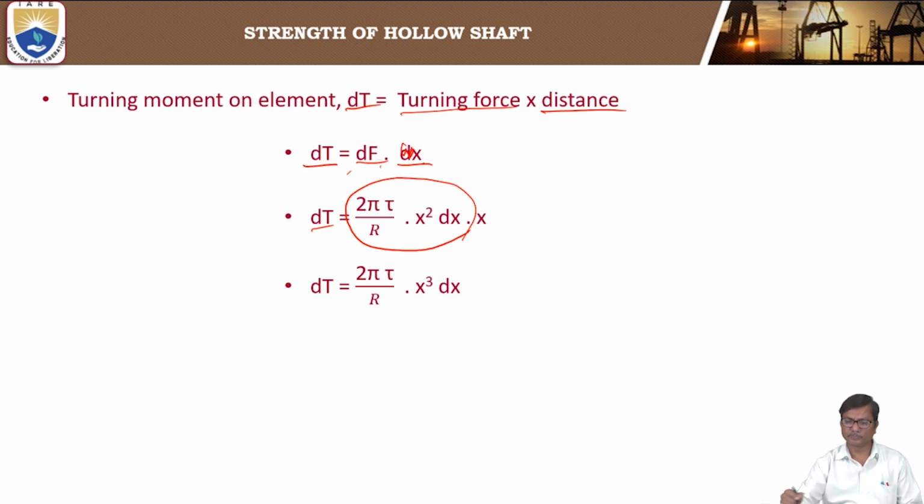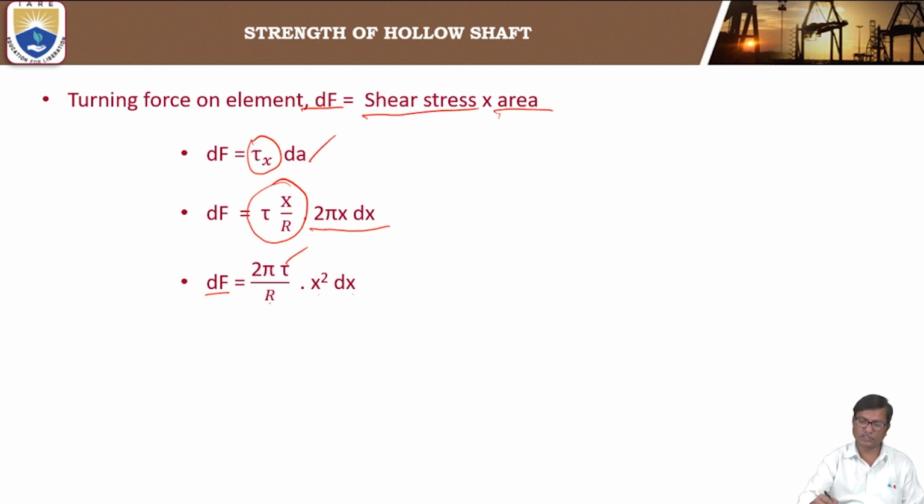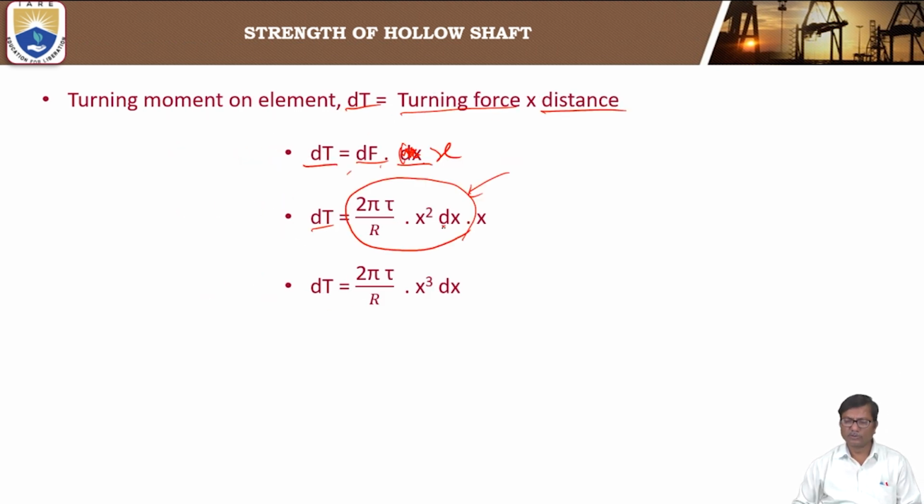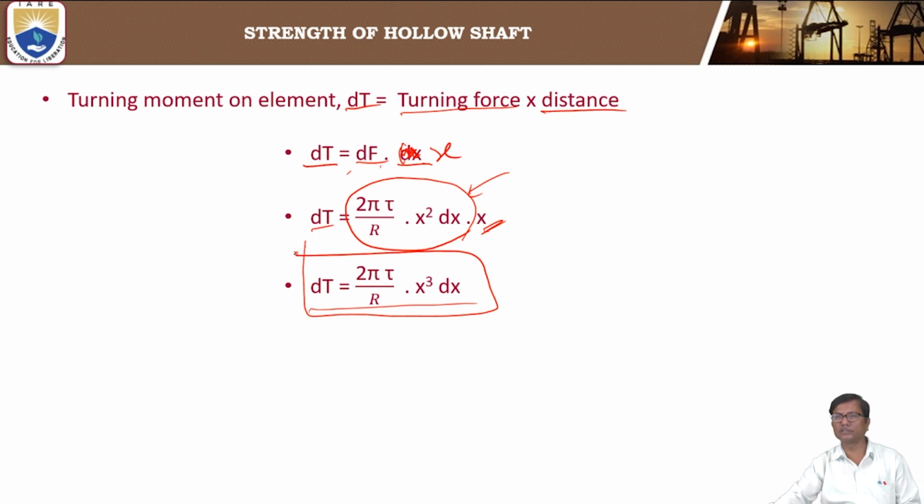The distance is x. And dF is given as 2 pi tau by R into x square dx, from the previous expression, multiplied by the distance x. So dT is equal to 2 pi tau by R into x cube dx. This is the turning moment or twisting moment on the element.